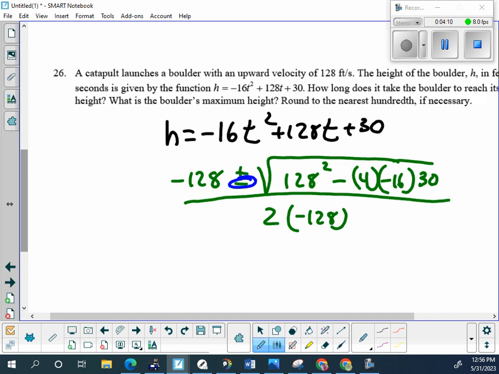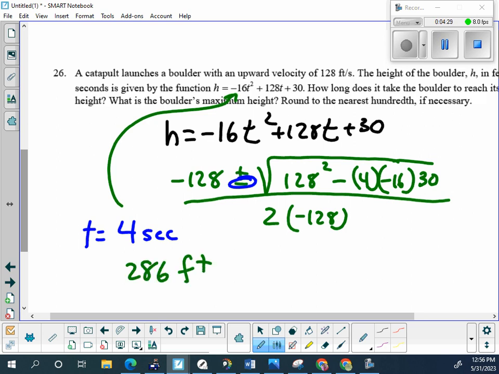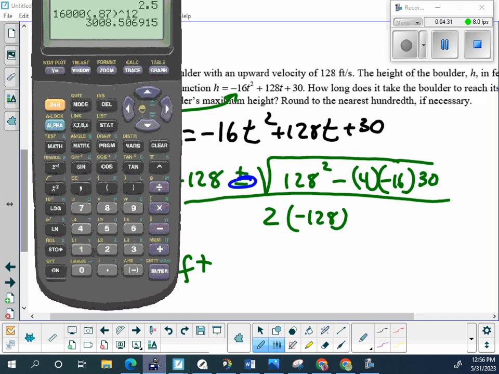When we calculate this on your calculator, you should get 4 seconds. That's your p-value. Then you're going to plug that 4 seconds into this function here to get your y value. That comes out to be 286 feet. Again, make sure you know how to use your calculator, and you can use it quickly.